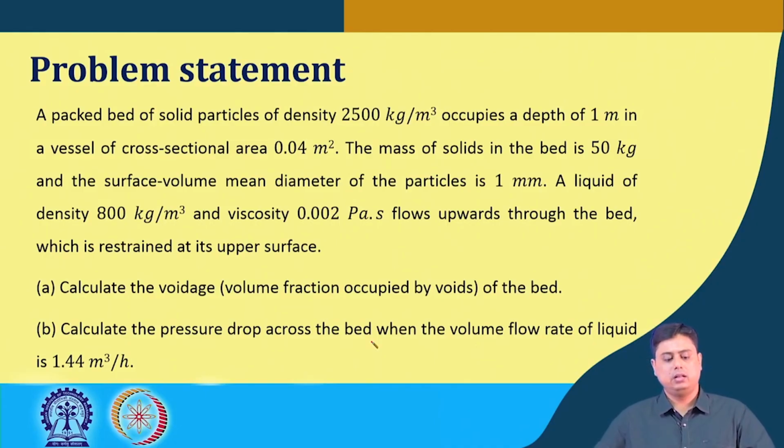The density of the liquid is 800 kg per meter cube and viscosity 0.002 Pascal second, flows upward through the bed which is restrained at its upper surface. So, we have to calculate what is the voidage or the volume fraction occupied by the voids of the bed. And the second part is to calculate the pressure drop across the bed when the volumetric flow rate of liquid is 1.44 meter cube per hour.